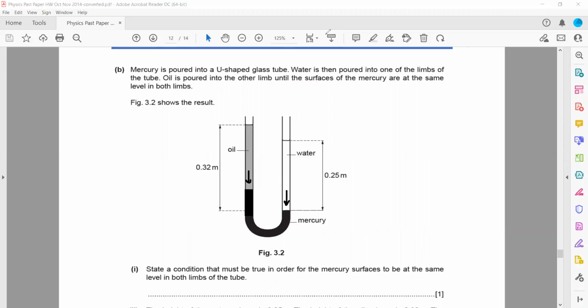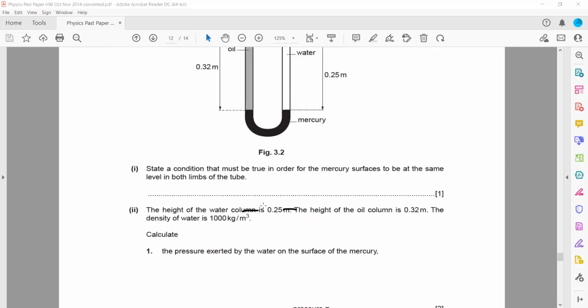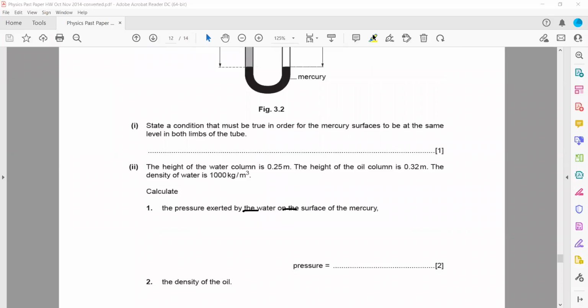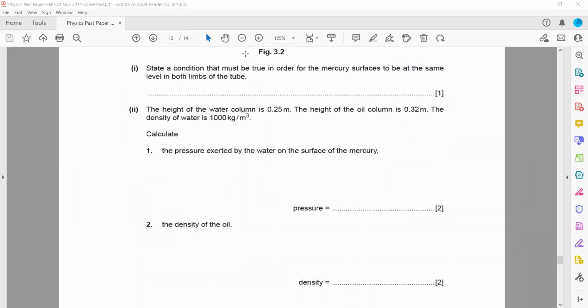And if it was the other way around, the pressure of the oil will be more than the pressure of the water. But because in the question both levels are the same, we can say the pressure exerted by the oil is the same as the pressure exerted by the water.